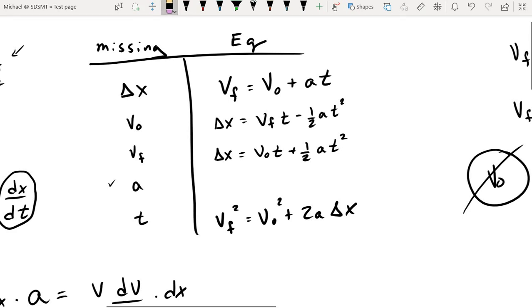Now, do be careful and notice that these two equations are very, very similar. They have almost an identical setup, except that one of them uses the initial velocity, the other uses final velocity. One of them has a plus sign, the other has a minus sign. So make sure that when you come back to grab the appropriate kinematic equation for your homework, that you're grabbing the right equation.